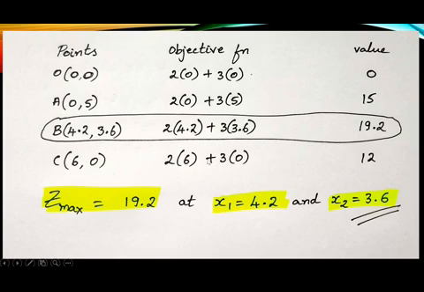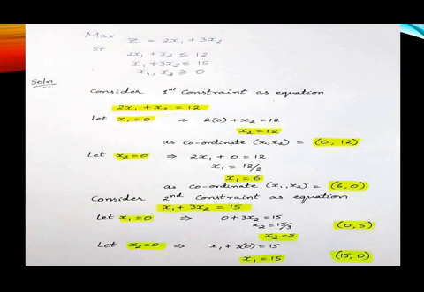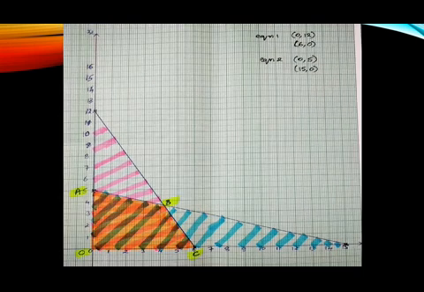So after finding out the value for all the extreme points, identify the maximum value. Why maximum? Because the problem was maximization type. Because they have asked us to optimize or maximize the objective function, I am supposed to take the maximum value, right?